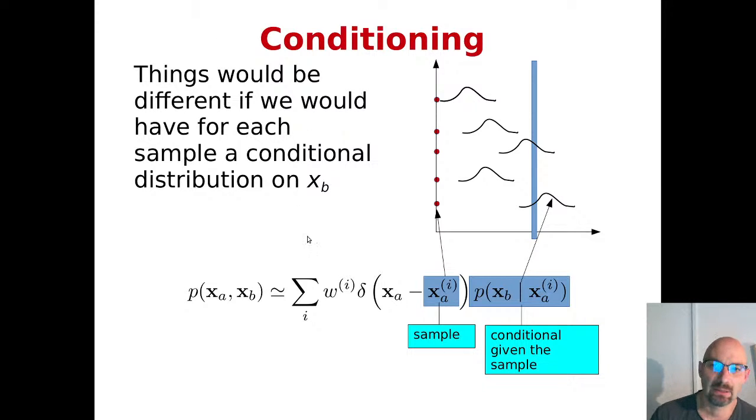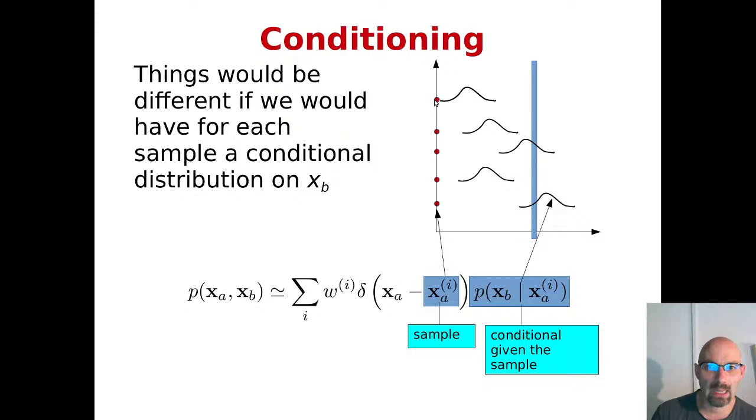So imagine I have a two-dimensional distribution where one element, xa, is sampled. Let's say I have 5 samples in total for this distribution.